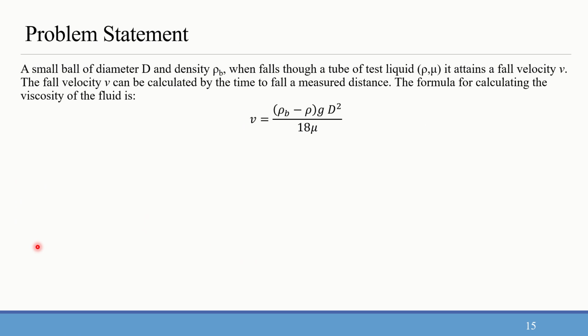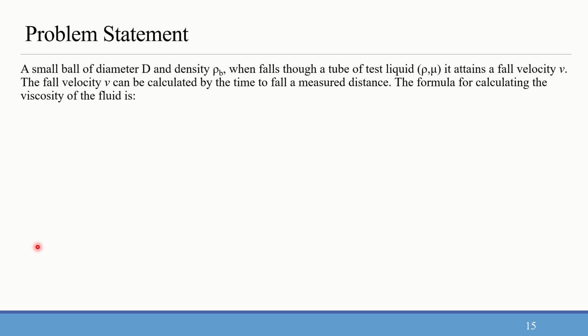So actually in most of the cases, this experiment can be used for many cases. For example, consider a tall column. We are allowing a ball to settle from the top to the bottom. We are putting the ball or any small object from the top and allowing it to settle in the column.